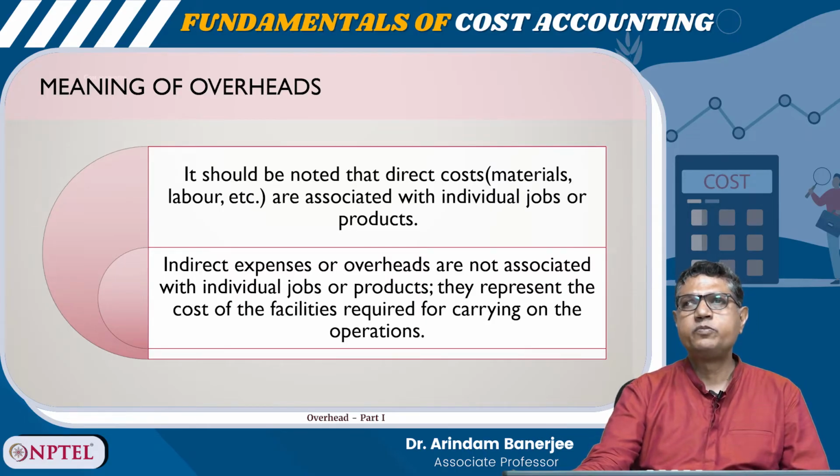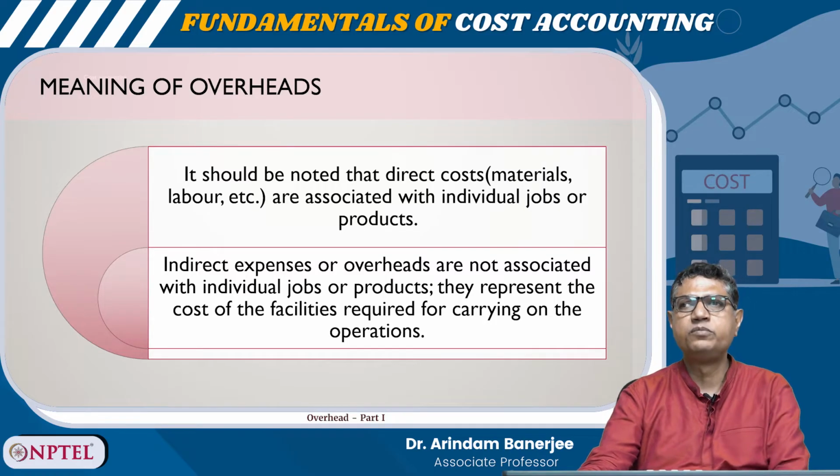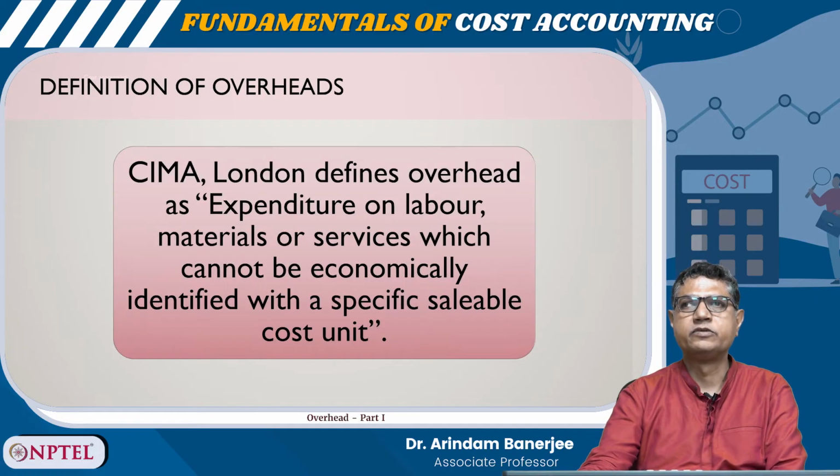Indirect expenses or overheads are not associated with individual jobs or products. They represent the cost of the facilities required for carrying on the operations, like the salary paid to the office staff and electricity cost for street lights within the factory premises. These are examples of indirect expenses.